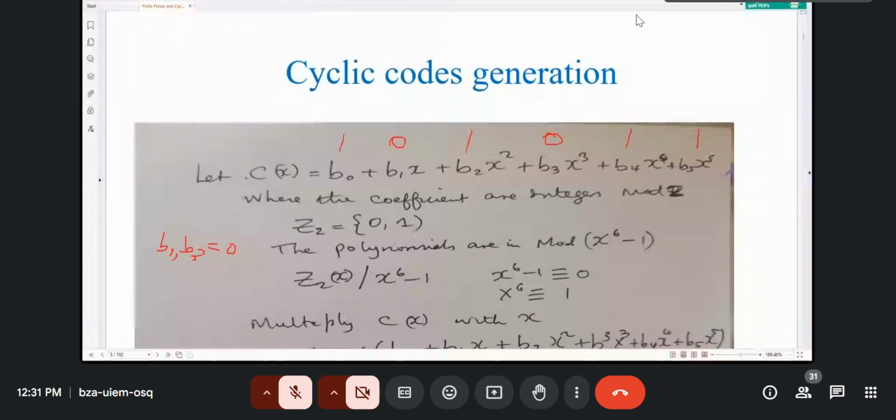But what you are getting now is because you simply moved this to this position. Remember, this x is a placeholder. So the moment you have x to the 0, it is coming to this position.